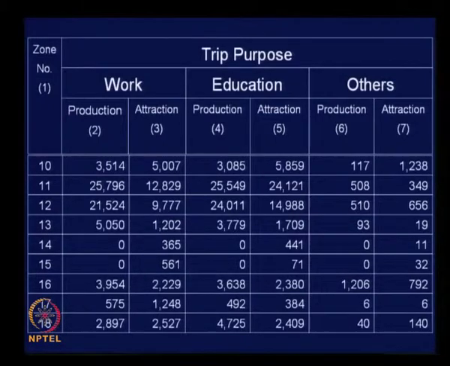Here again you can see zone 14 has no trip production; it is only an attraction zone. Zone 15 also has no trip production, only trip attraction, and the attraction values are much less.